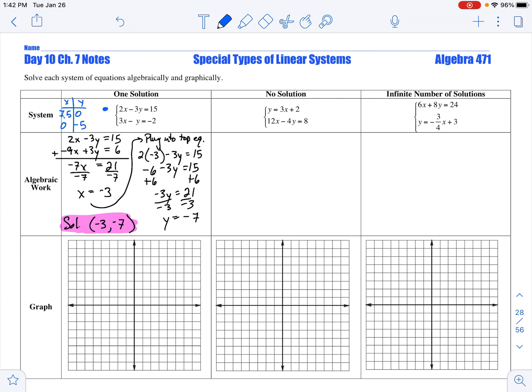Again, I can find each of those by letting the x or the y coordinate equal 0. And if I'm finding an x-intercept, I want to find the x value. If I plot that, 7.5 is right there. And 0, negative 5 is down there.